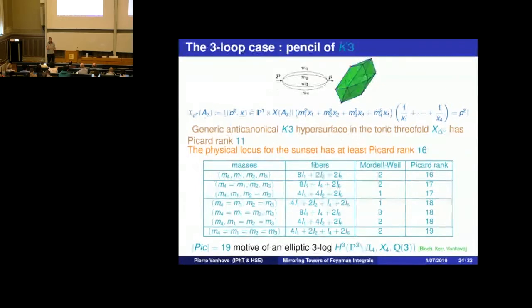So this is what I'm saying about the difficulty of starting from the GKZ construction and understanding the specifics of your family, because theoretically you see only Picard rank 11, but actually you are Picard rank 16. So when you do the specialization to your physical locus, something happens to your system, and then the Picard rank changes, okay?